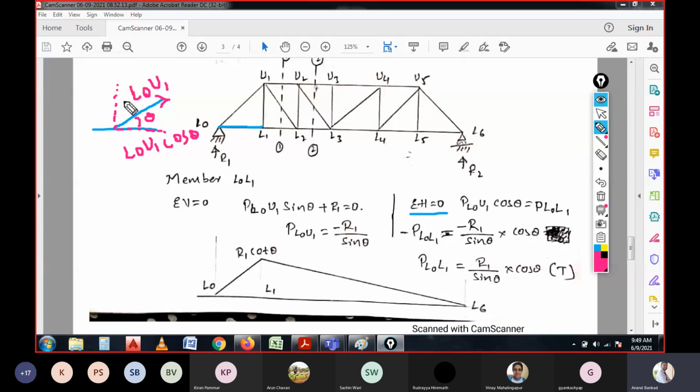And at this point, this will be L0 U1 sin theta. That is what is considered in the equation. It is sin theta. So substituting the value of P L0 U1 as R sin theta, that will be the equation. Right. This is about the bottom chord member L0 L1.